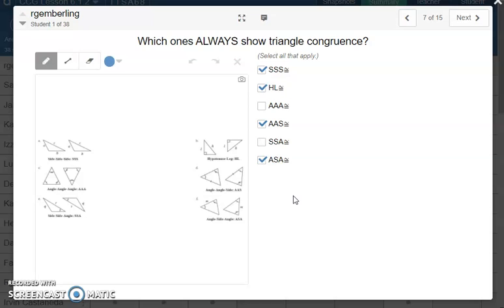We do have a situation where it does work, and that's when we have long side, short side, angle. And so I'm not going to check this one because side angle doesn't always work. But just keep in mind that because long side, short side, angle does work as a similarity rule, if we have long side, short side, angle, it will work as a congruency rule because the similarity rule already exists, and we will have a scale factor of 1 between the corresponding sides.